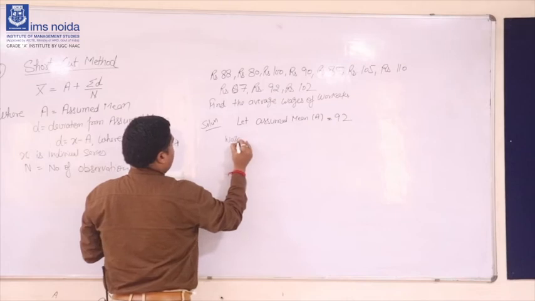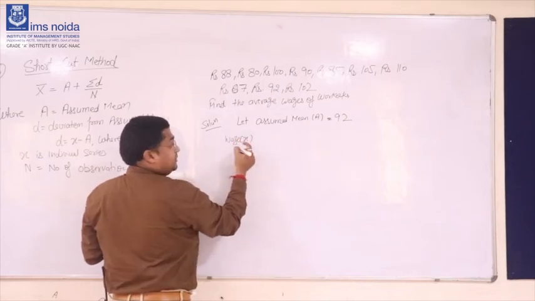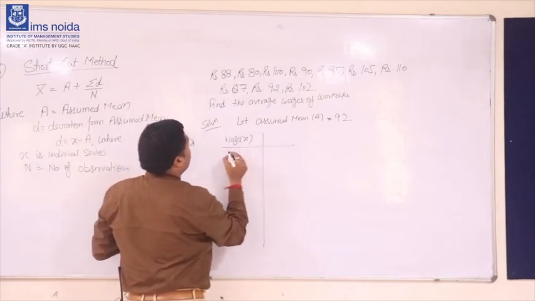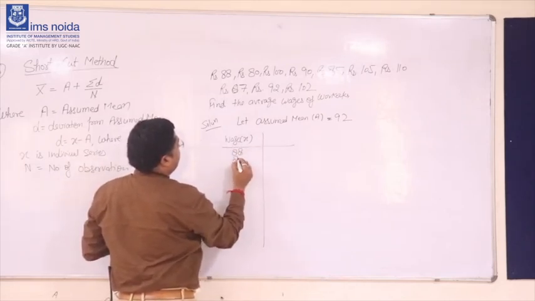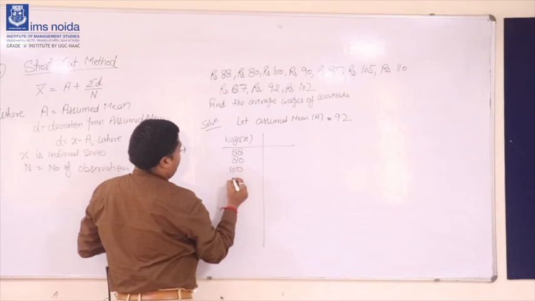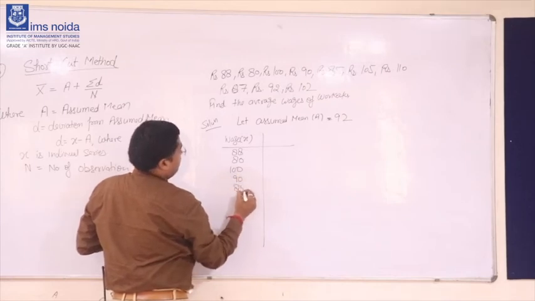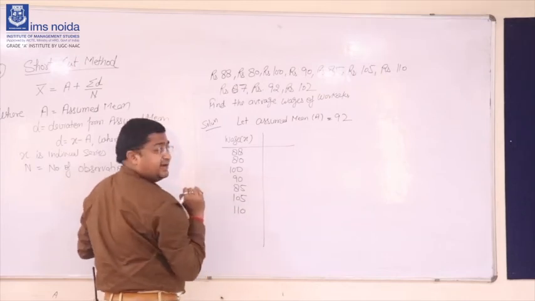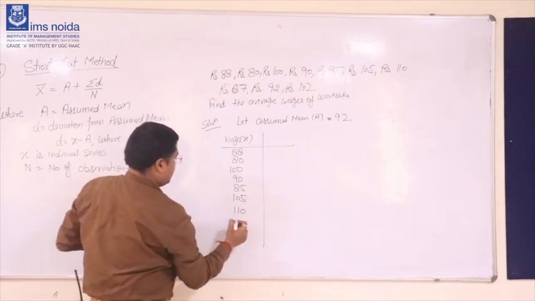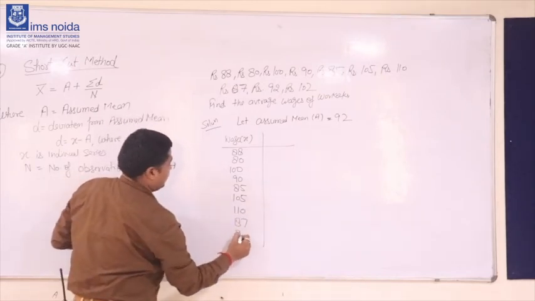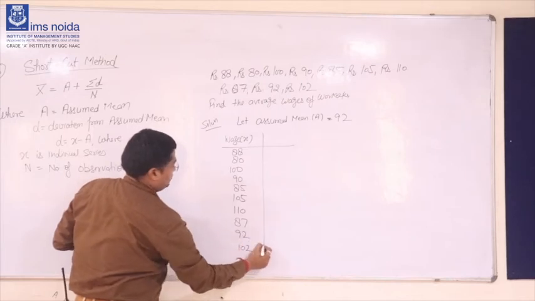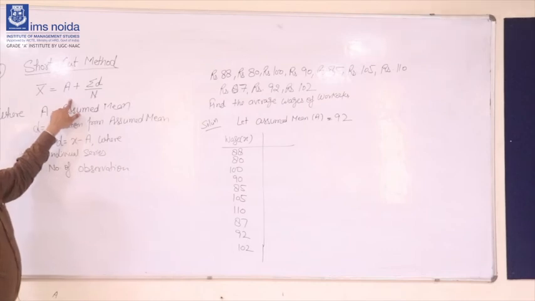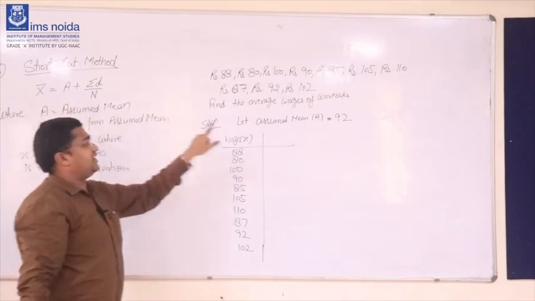X values: 88, 80, 100, 90, 85, 105, 110, 87, 92, 102.